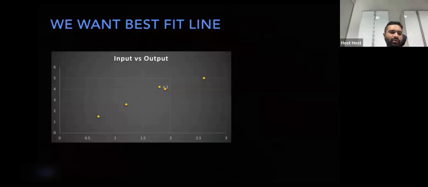So let me point a few more data points and try to demonstrate what exactly we want, and it will be more articulated. We want something called a best fit line, or a best fit linear function, which is passing through almost all data points, or which is almost estimating all data points.